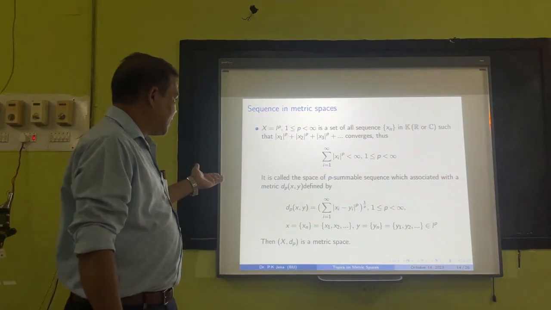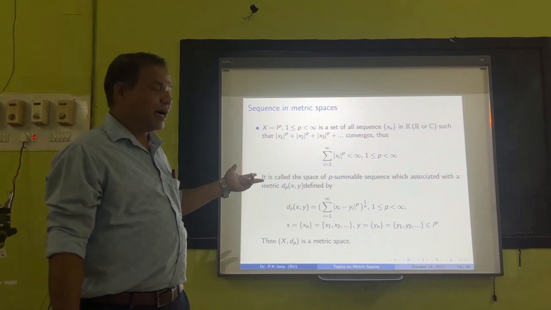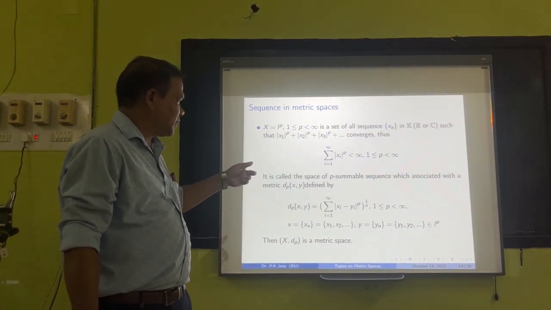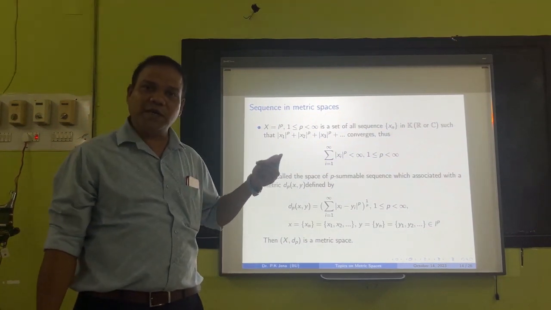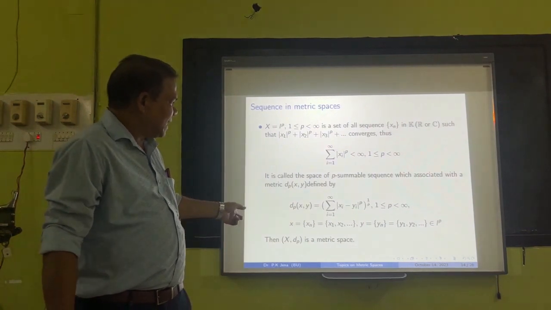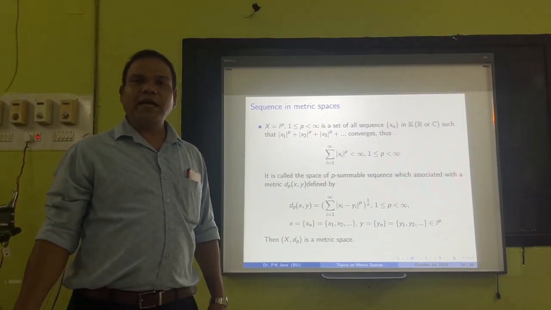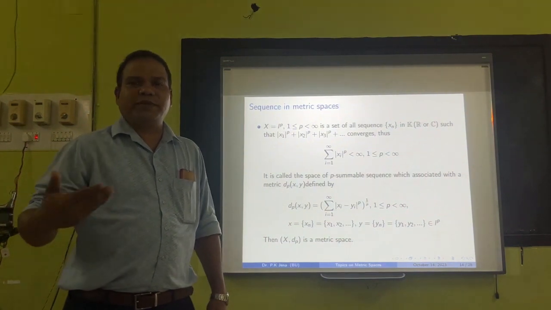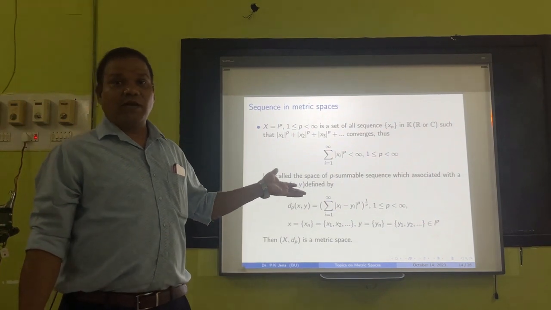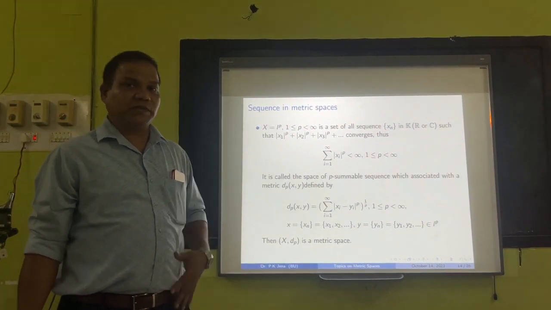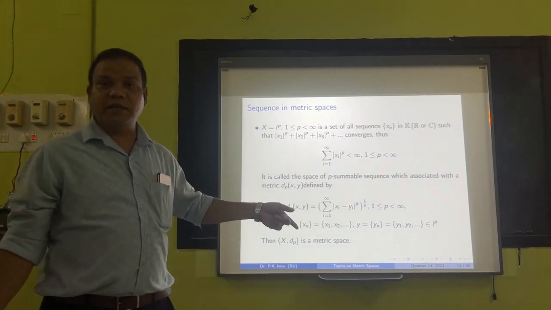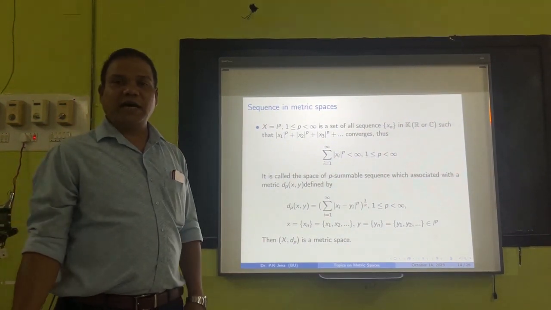Here we define the dp metric on LP as dp of xy equals the summation from i equal to 1 to infinity of modulus of xi minus yi to the p, whole to the power 1 by p, where x and y are elements of LP, that is, real valued or complex valued sequences. So the non-empty set LP together with the metric dp is known as a metric space.